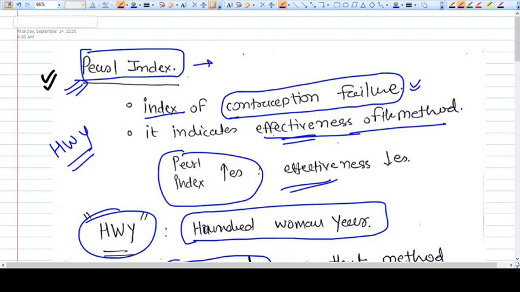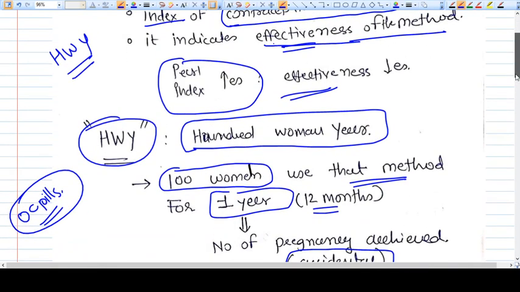For example, compliance should be good. We should use those methods in which compliance is good. That's why it becomes a very effective method. So whenever we want to choose any contraceptive method for any couple, this factor is very important: how this couple is going to comply with that particular method. This is a very important factor in deciding contraception for that particular couple.